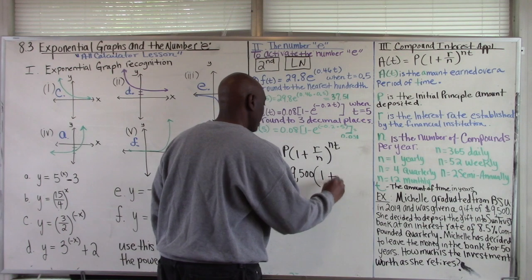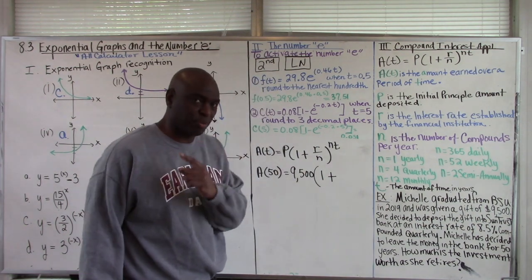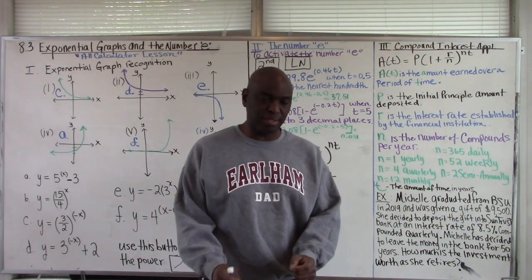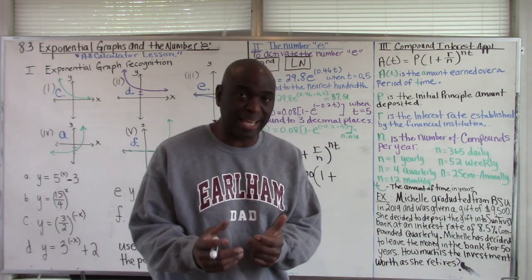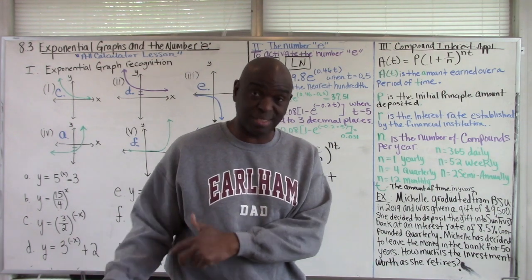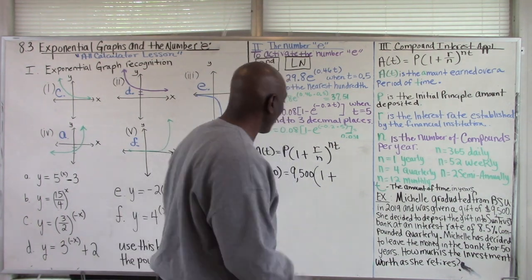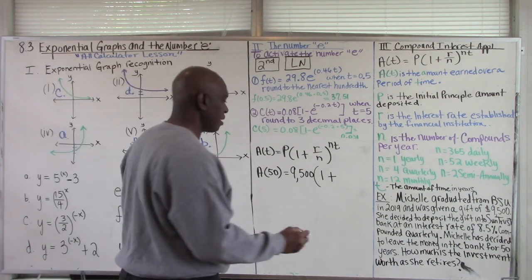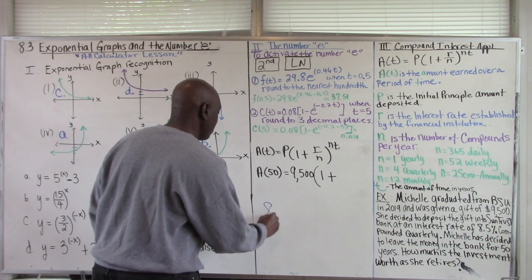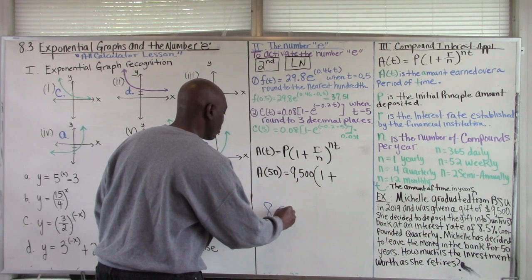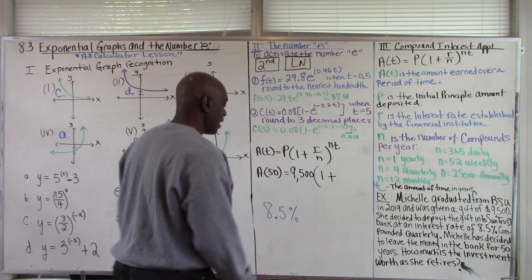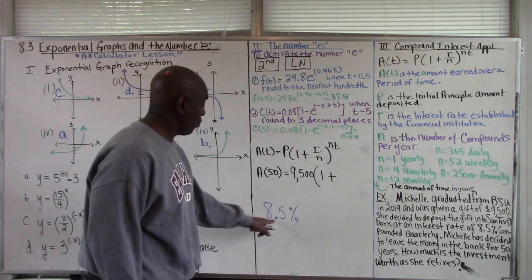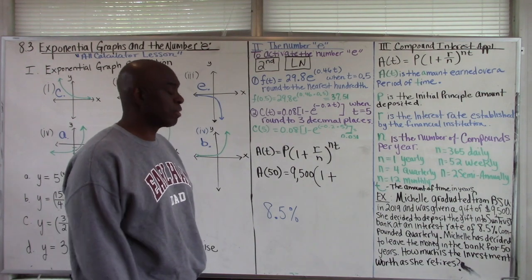Times 1 plus. Now here's where you have to be careful. This r, because you must know how to write the interest rate as a decimal. You can't put the percentage sign in the calculator, folks. So how do I write 8.5% as a decimal?